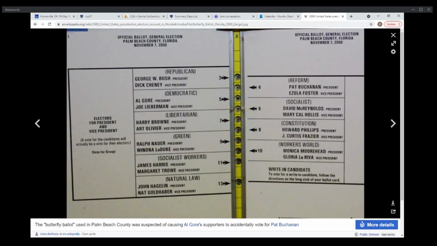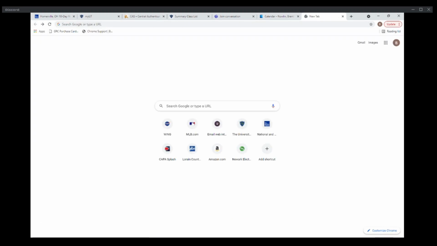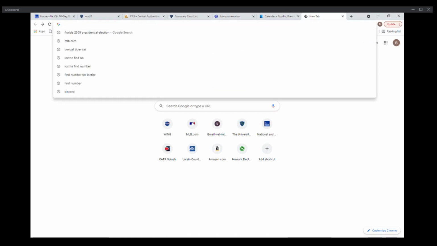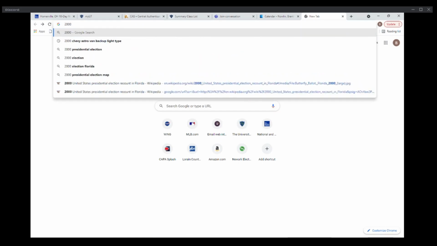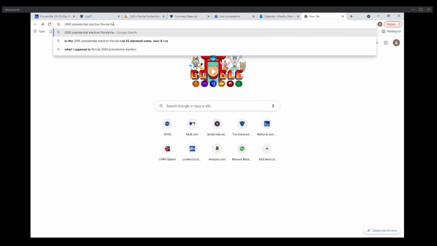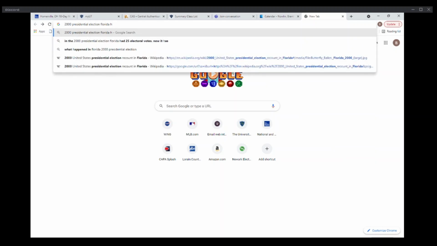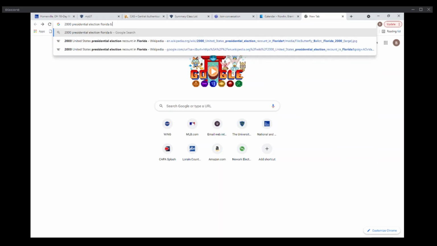I think there were two hand recounts. Oh, come on, I'm wasting time. 2000 presidential election in Florida. Florida ballot count.